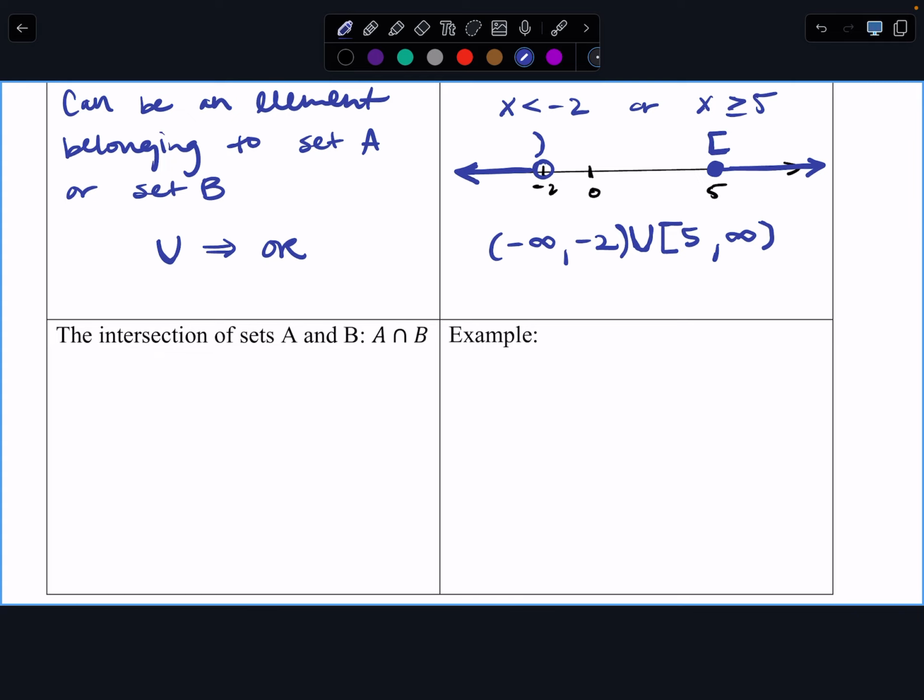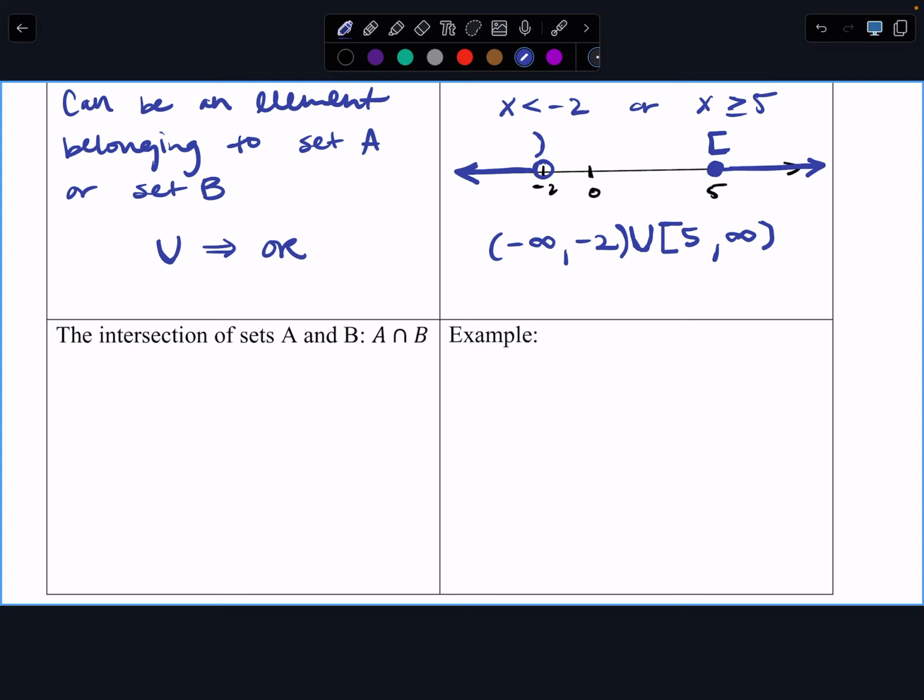Okay, for intersections. Intersections aren't at this point going to come up very often. I can think of a few times that we'll talk about the intersection of intervals when we're talking about domain. I can't really think of where else it would show up again this year. But the intersection of two intervals represents one interval, right?